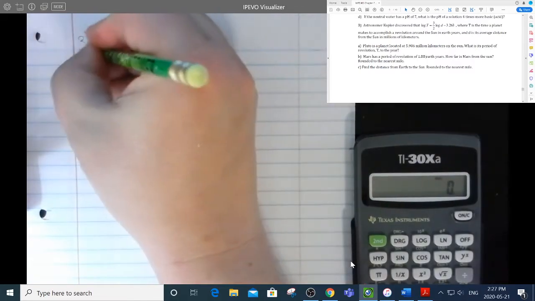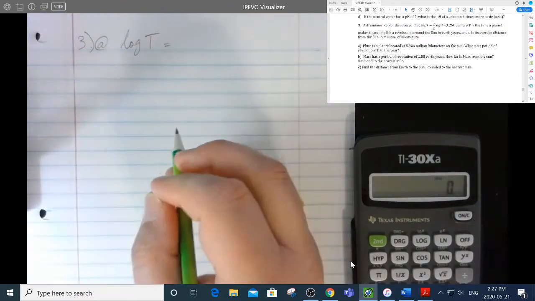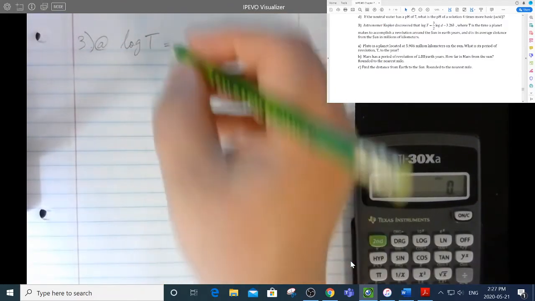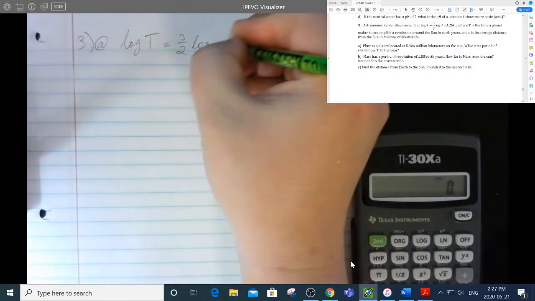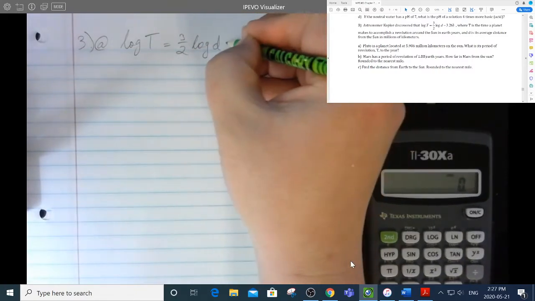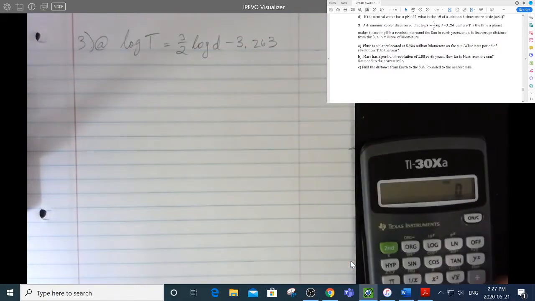So the formula is, this is number 3a, and I need log of t, which is the period to go around the sun measured in Earth years, equals 3/2 of log of d, which is the distance from the sun in millions of kilometers. And there we have it. Okay, so the A one's actually fairly easy. We're just plugging numbers in.